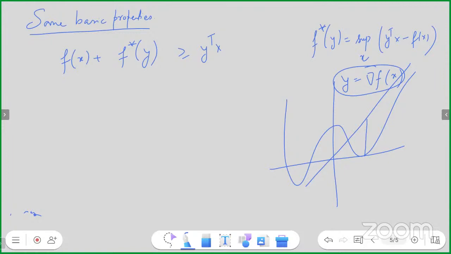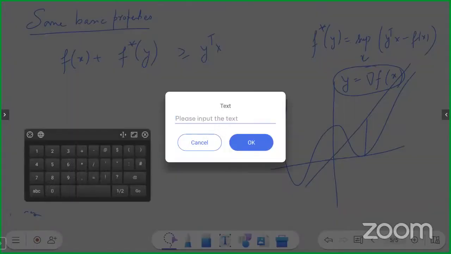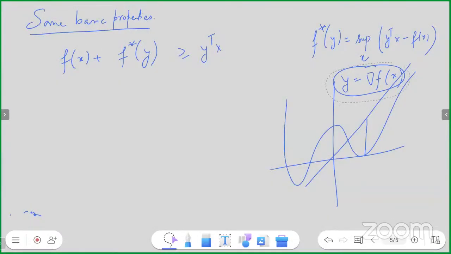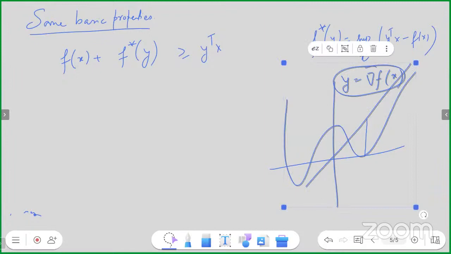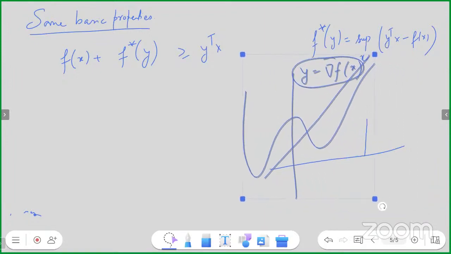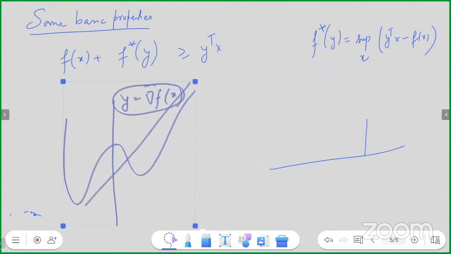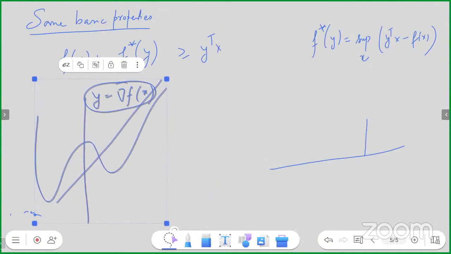Let me try to see if I can move this around. Let's keep it over here and let me try it again.